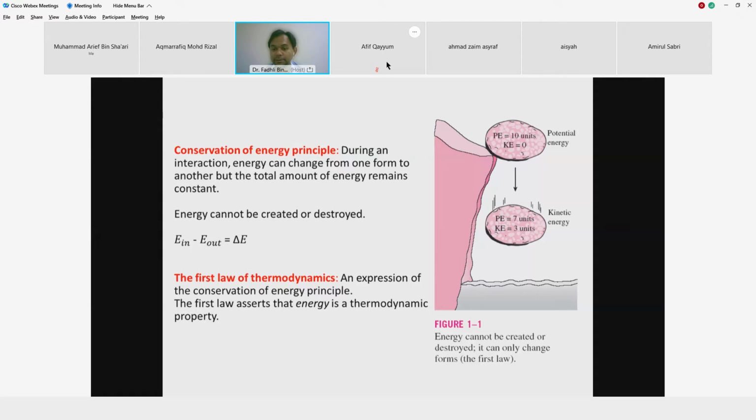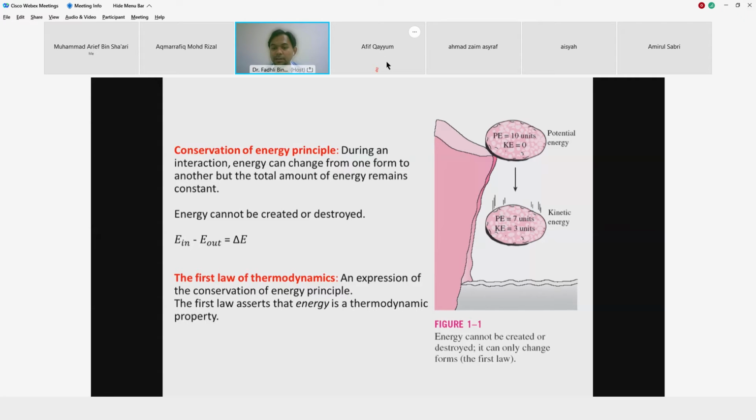So that's why the potential energy once the rock is moving downward is smaller compared to this one. So the rest of the potential energy, the remaining 3 units, transforms into kinetic energy.